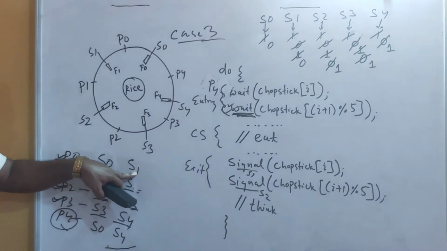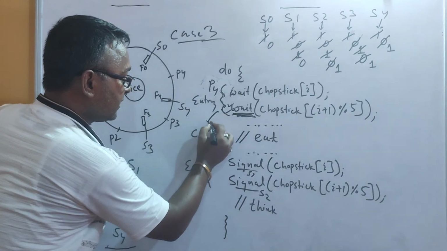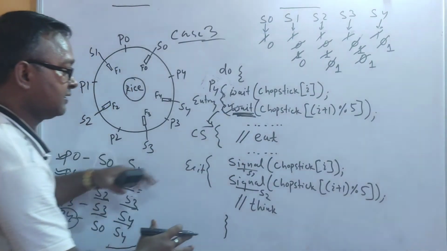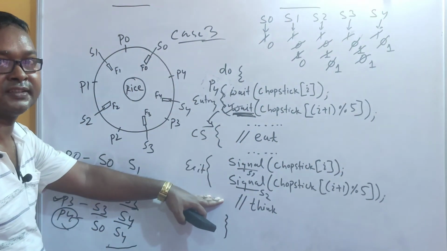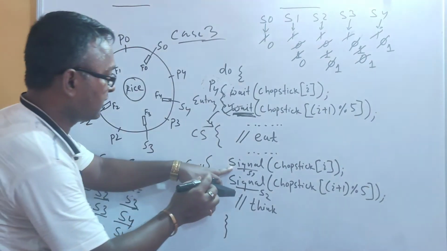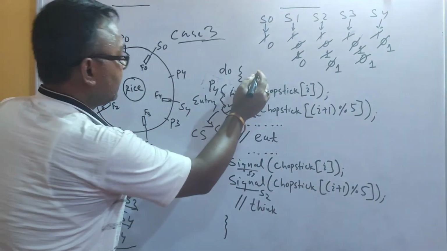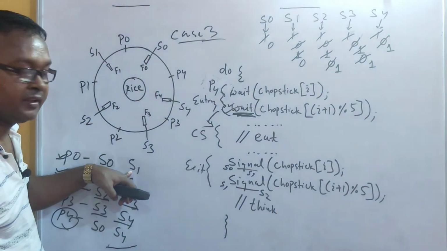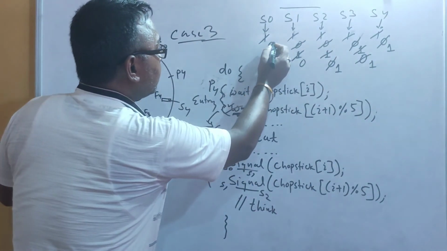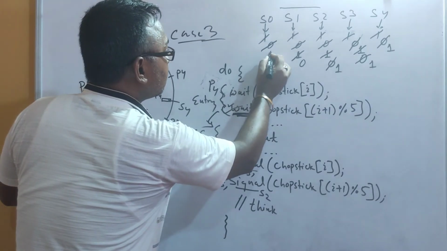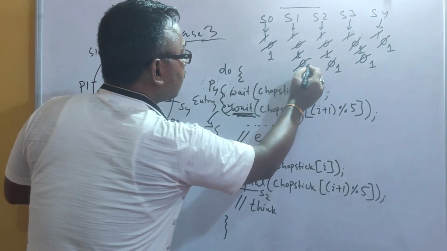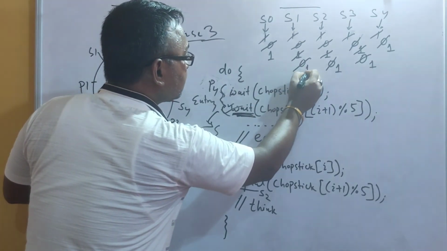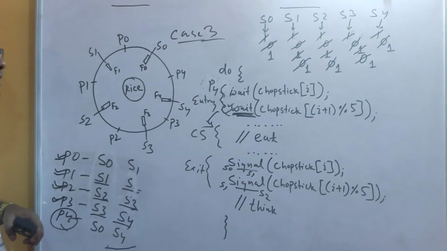from 1 to 0, enter into the critical section, eat the rice, execute the exit section, right? So signal S0, S1, thereby incrementing the semaphore value of S0 from 0 to 1, and the semaphore value of S1 from 0 to 1, right?